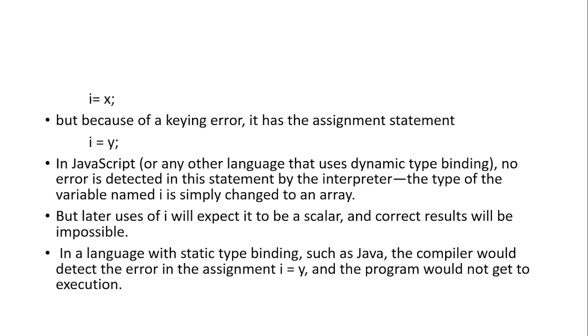In JavaScript or any other language that uses dynamic type binding, no error is detected in the statement by the interpreter. The type of the variable named I is simply changed to an array. But later users of I will expect it to be a scalar, and correct results will be impossible. In a language with static type binding such as Java, the compiler would detect the error in the assignment I equals Y, and the program would not get to execution.